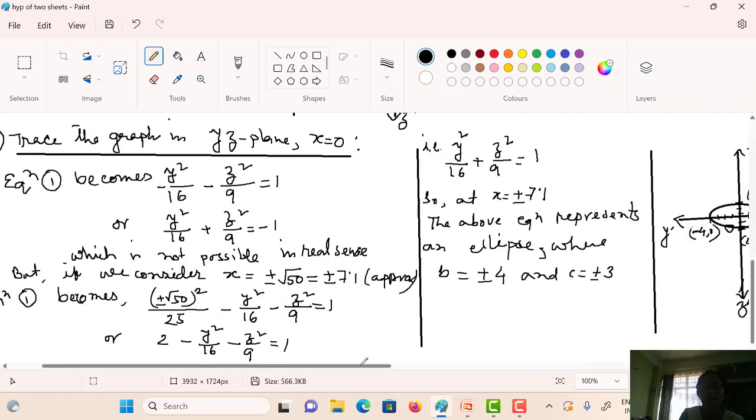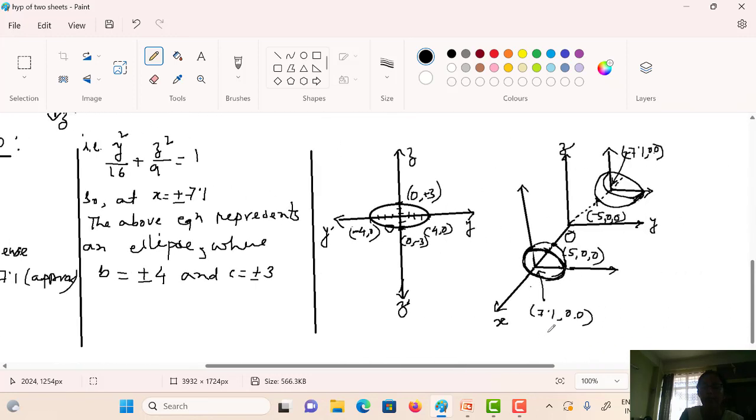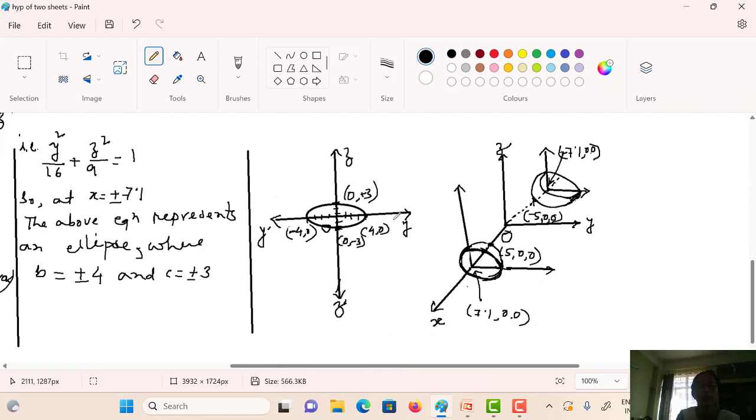This is the YZ plane, and for the origin in the YZ plane we draw the ellipse like this. It passes through the points 4, 0 and minus 4, 0, and 0, 3 and 0, minus 3. This one is on the minor axis, this one is on the major axis, therefore this is the ellipse. So for the 3D figure we get such type of figure.